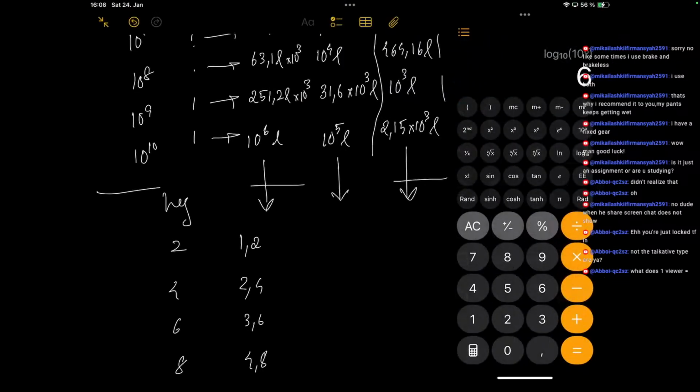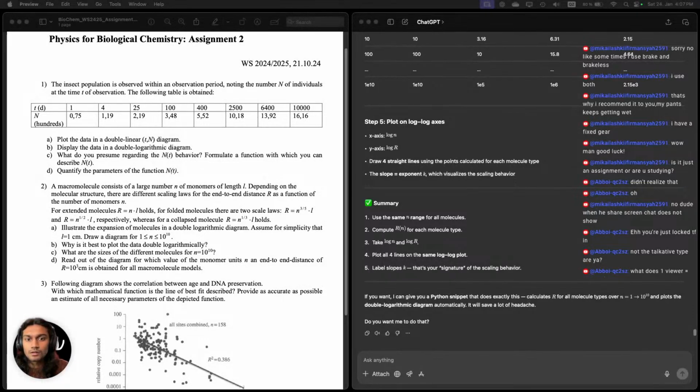Let me see if it's possible. OBS crash? No, OBS does not crash.